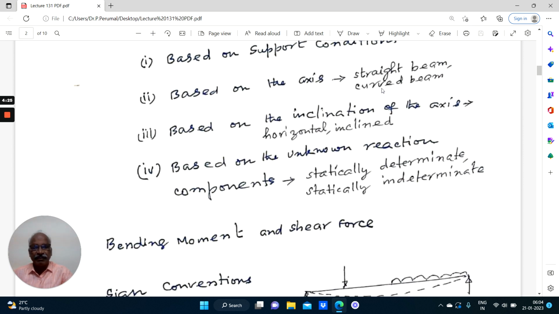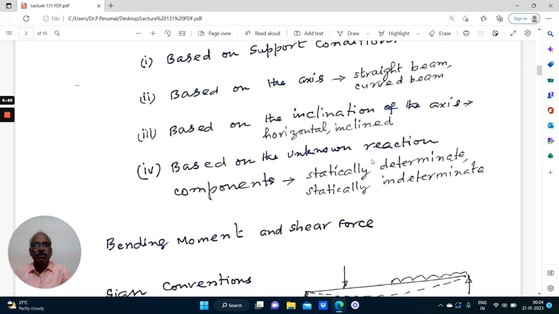Suppose we consider a beam in the case of a bridge, the beam may be straight or beam may be curved. Based on the inclination of the axis, horizontal beam or inclined beam, sometimes it will be vertical also, and will be called a beam. It can be vertical also.